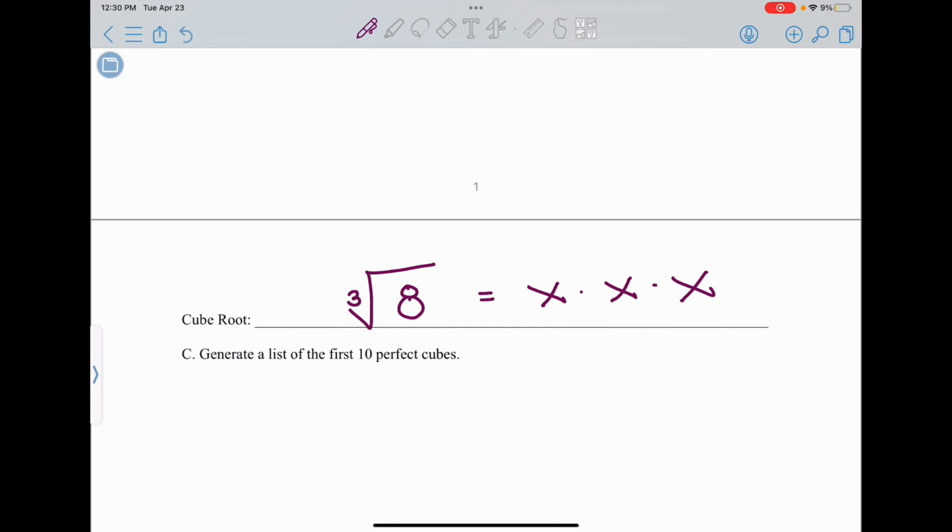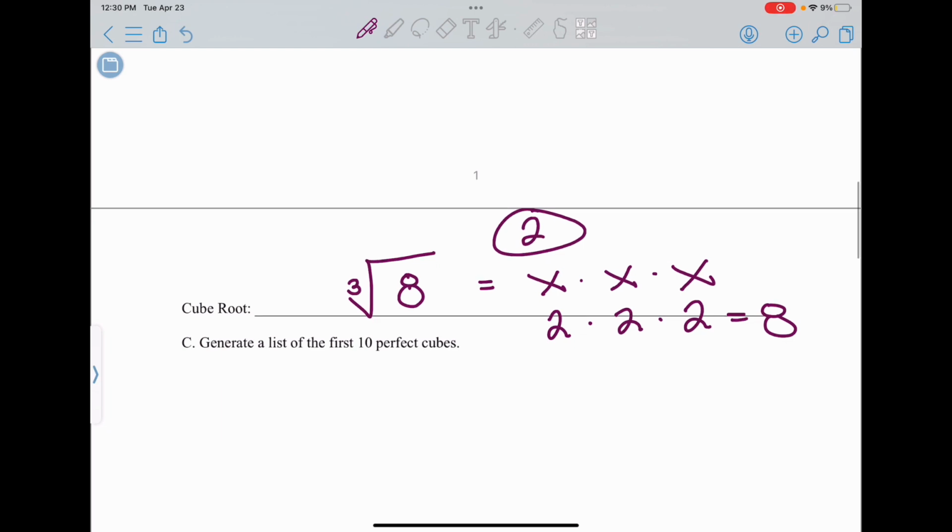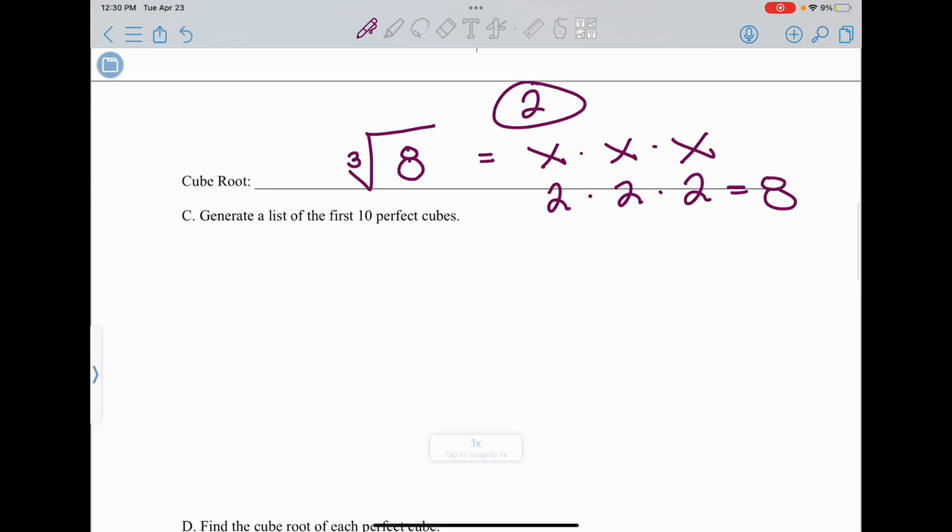And that number is 2. 2 times 2 times 2 gets me 8. So just like what we did with our perfect squares, I want to come up with a list of perfect cubes, the first 10. So 1 cubed, 1 times 1 times 1 is 1. 1 is a perfect cube.